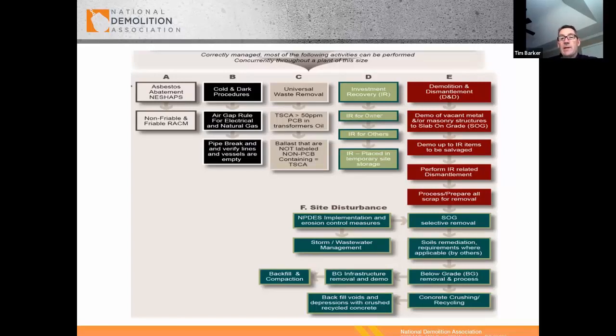And then from there, getting into the demolition, dismantlement, demolition, and down to slab on grade, and sometimes it's below slab on grade where you have to disturb the soil. And obviously if it's more than an acre, there's a stormwater pollution prevention plan required, with best management practices.